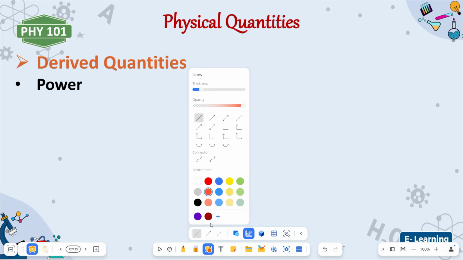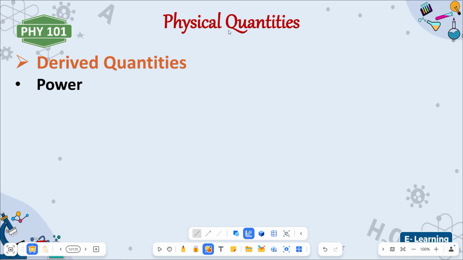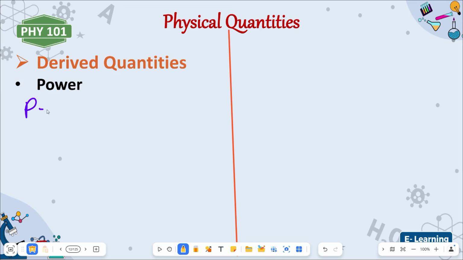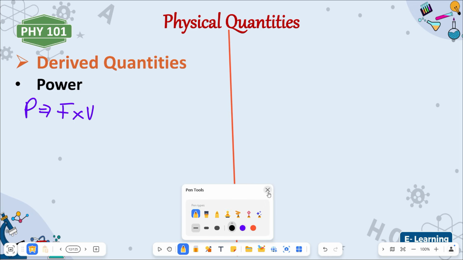So what I'm going to do, I'm going to divide this into 2. One side will be for one of the formulas for power, while the other one will be for the other. Now, power can be force times velocity. This is a formula for power.